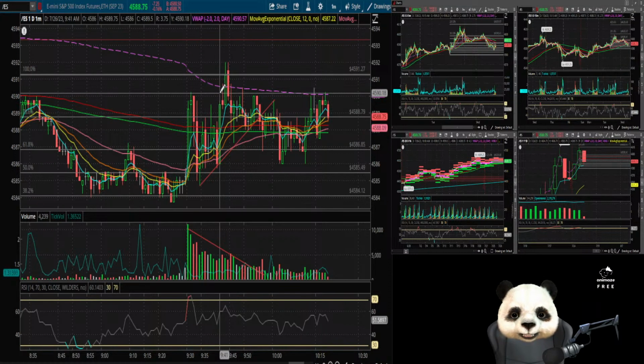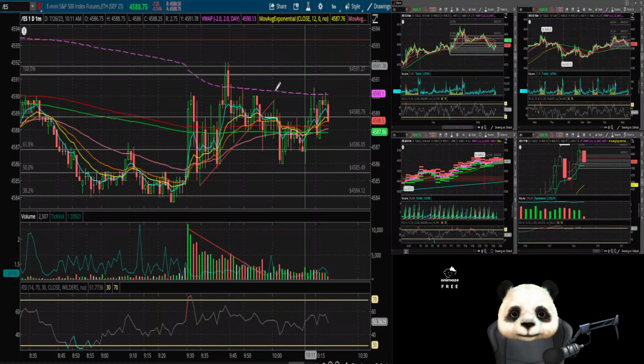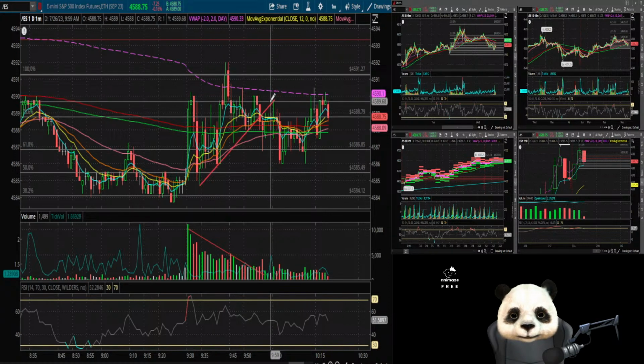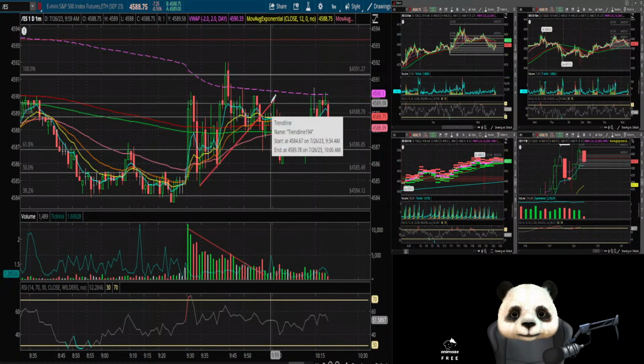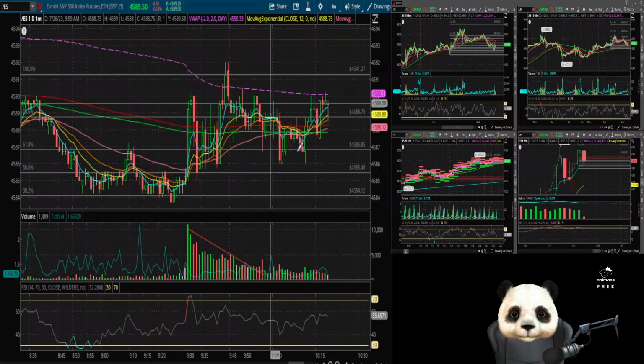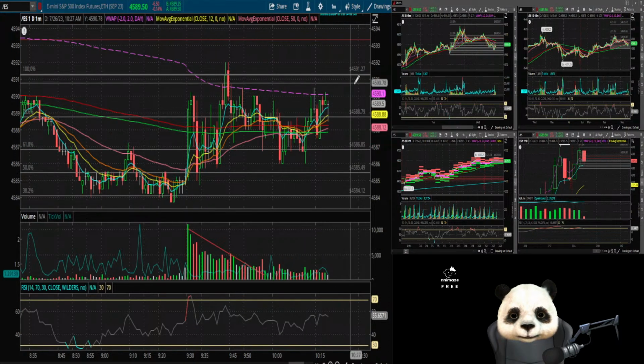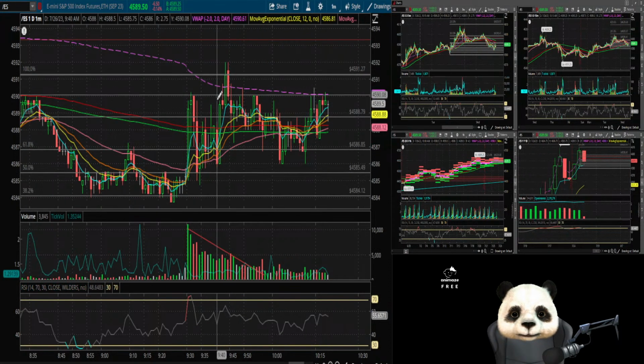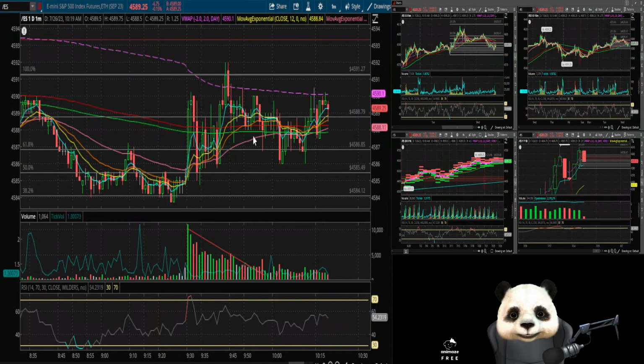Knowing yourself as a trader and knowing you're not just taking all these sporadic trades. I can go ahead and remove that because it's clear we're just making some sideways chop here. Chop chop. Chop chop chop.